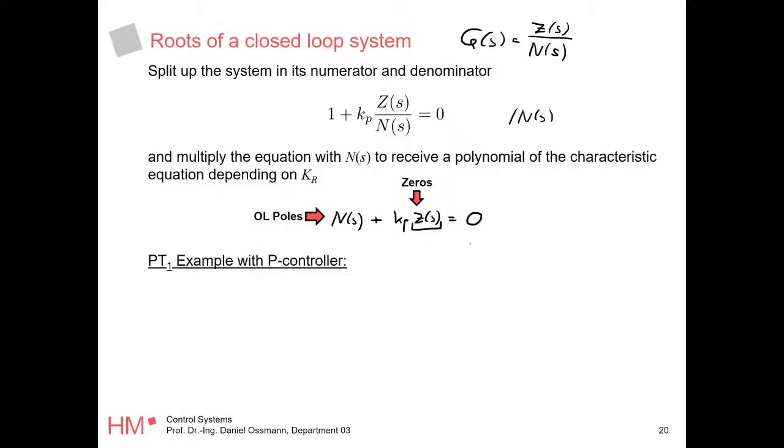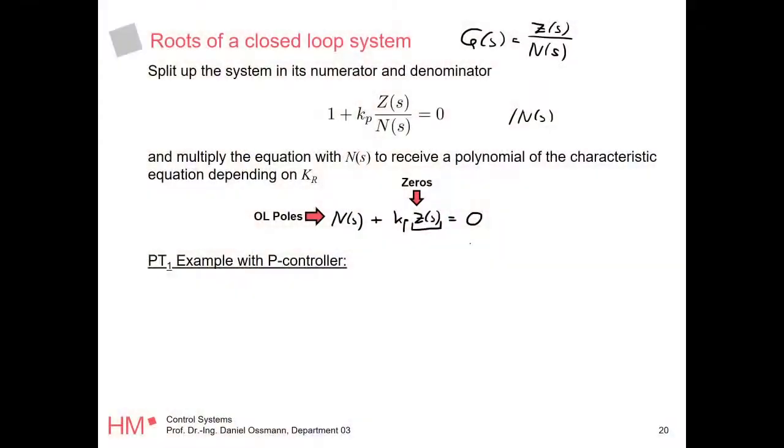Bottom line is, you want to know the closed loop poles of a transfer function. I give you a transfer function and a controller gain, and you want to know where the closed loop poles are. You can always compute T of s, do the double fractions, and go on, but this way is much faster.